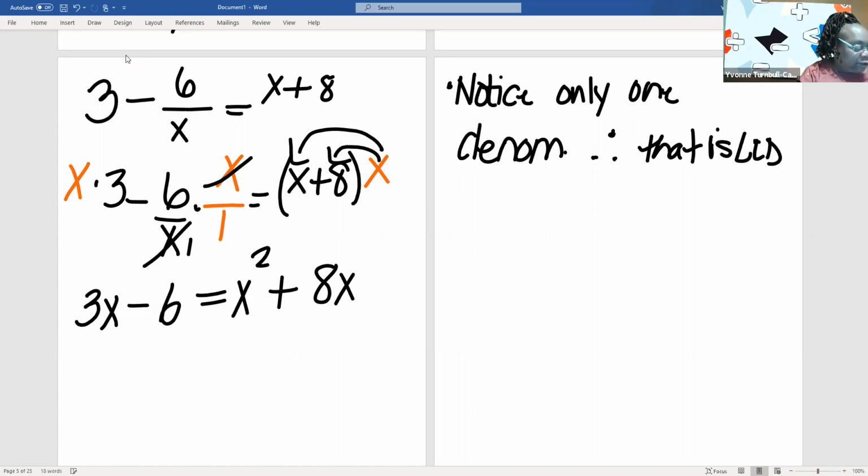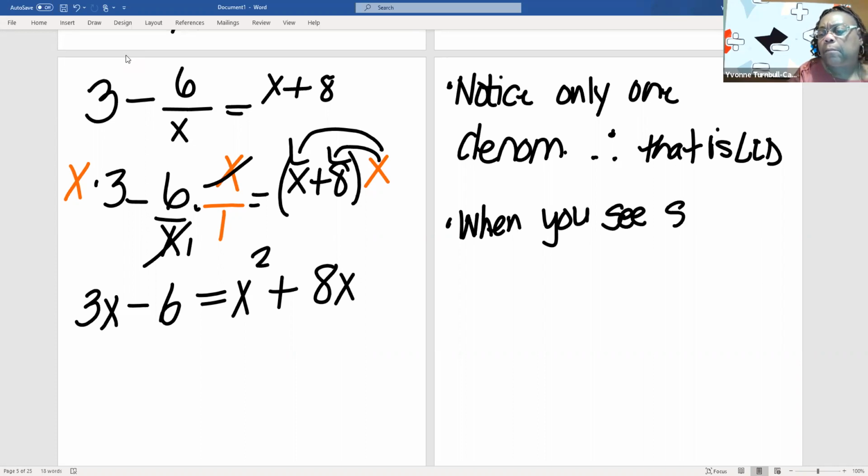Now, I tell students all the time, the minute you see a square, you think quadratic. When you see a second degree, think quadratic. That's how you have to solve.